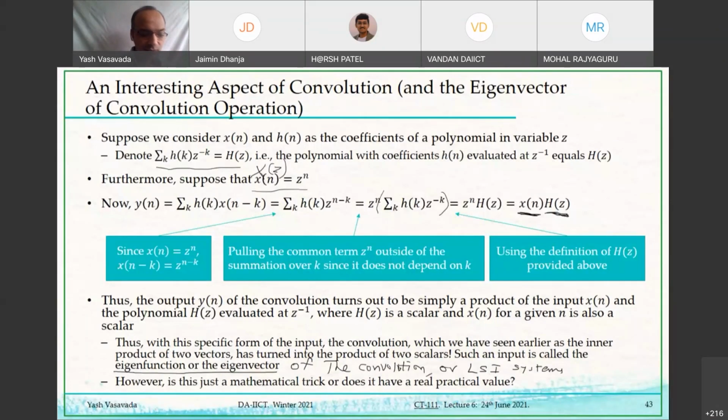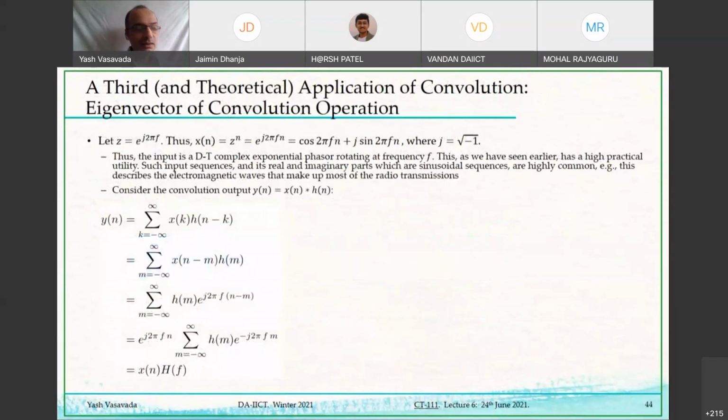Okay, so how does this help us? Let us look at one specific case when I made z equal to complex exponential in frequency f. Z is equal to e to the power j 2 pi f. And remember, x of n is z of n.